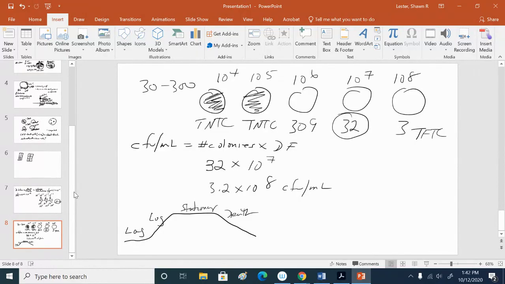So this technique of the pour plate is measuring live cells, right? Because only the live cells will grow to make colonies. But when we use a spectrophotometer, and we talked about this, and measure the light absorbance, remember that dead cells absorb the same as live cells, right?